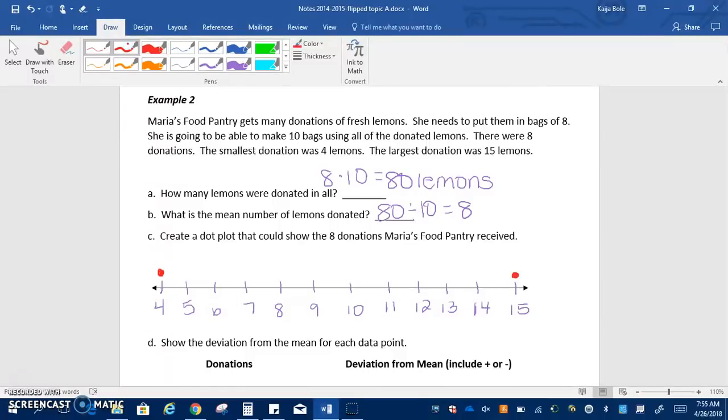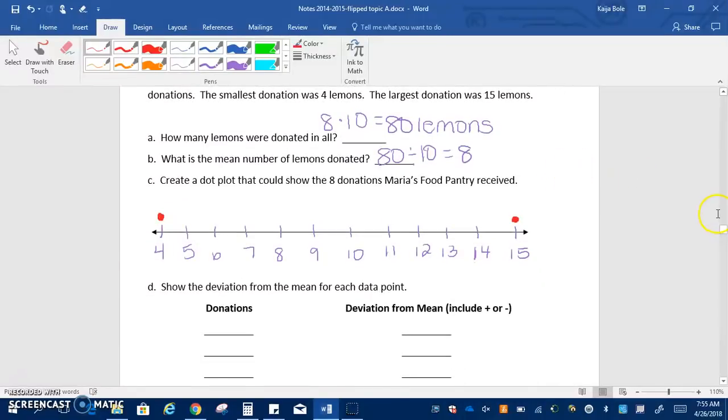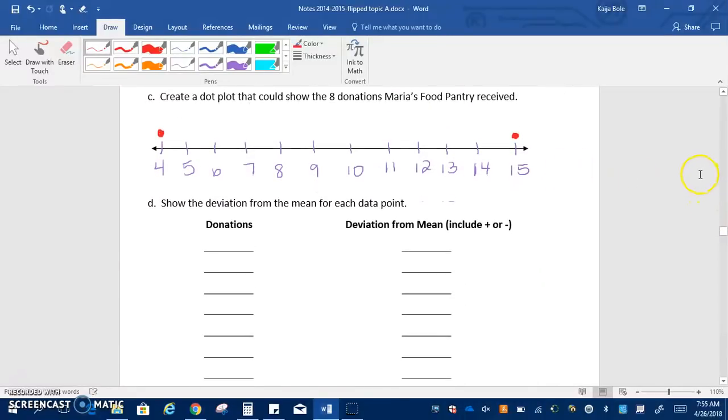Okay, so now the trick is that we need to balance these out, okay? And we know that the mean was 10. So if we put down our first 2 numbers, we know that the one donation was a 4. And what's the deviation from the mean? Well, our mean is 8, sorry, our mean is not 8.